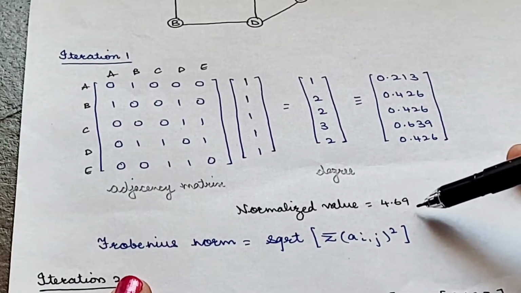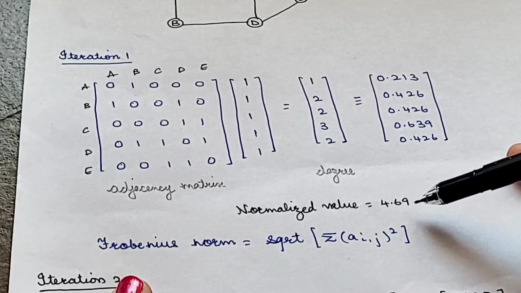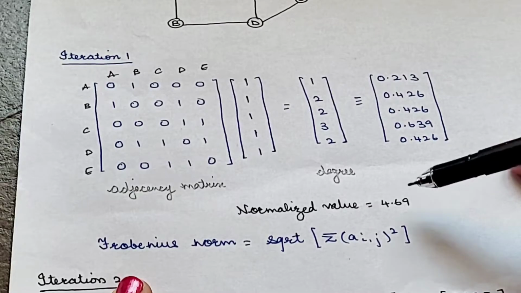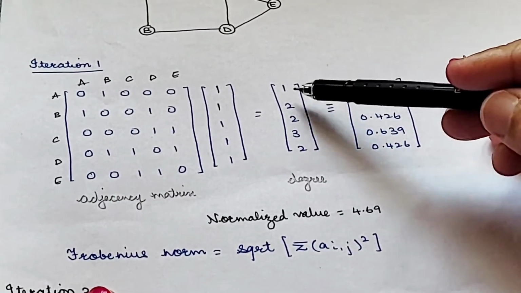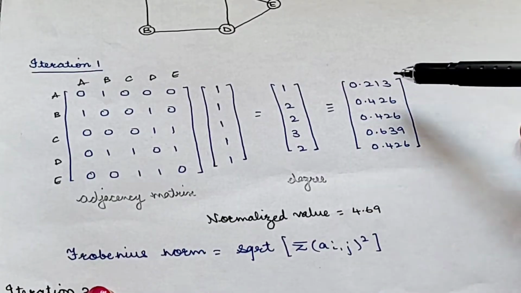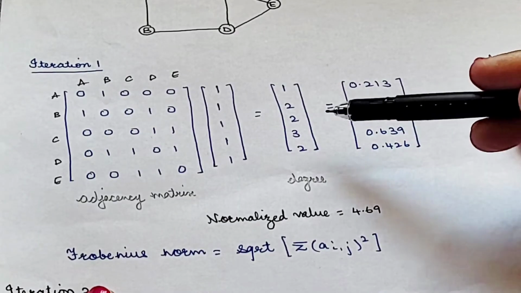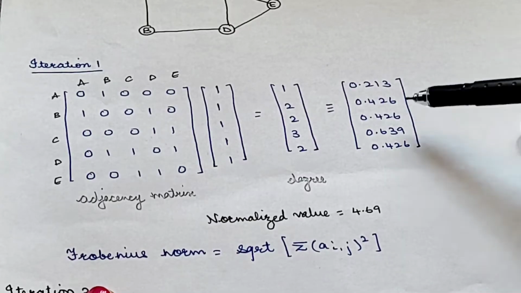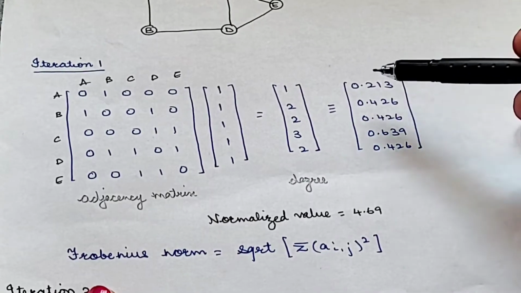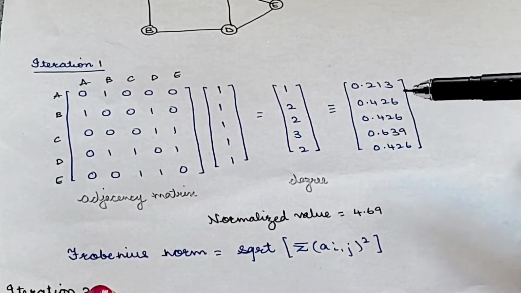The answer comes out to be 4.69. Once we get this normalized value, we will divide each and every value by it. 1 divided by 4.69 comes out to be 0.213. 2 divided by 4.69 is 0.426, and similarly. So we get this matrix for iteration 1.